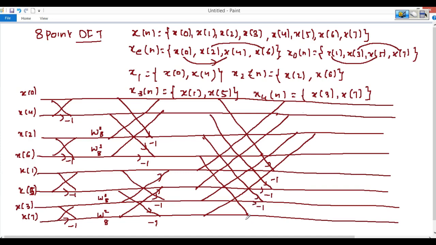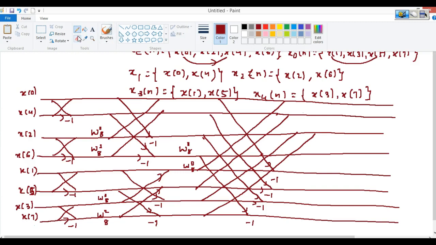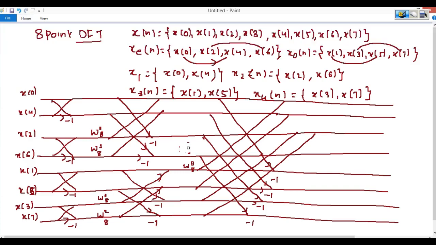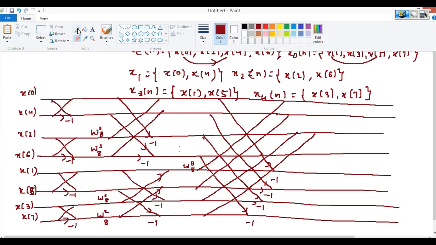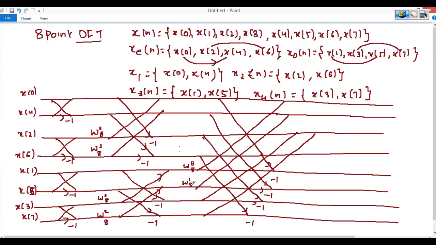Here the multipliers will be W of 0 8, W of 1 8, W of 2 8, and W of 3 8. So this is the format. Now we will see some problems based on that.